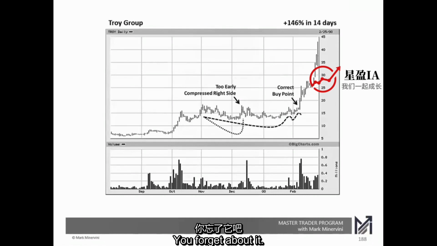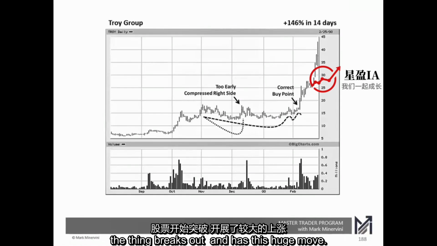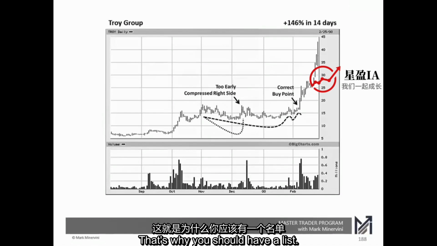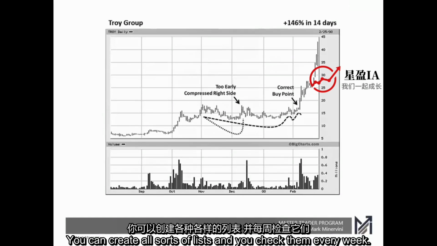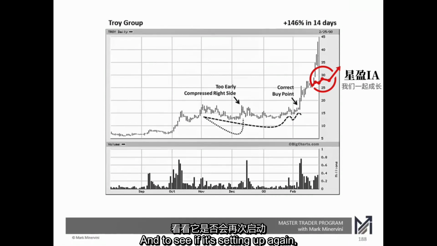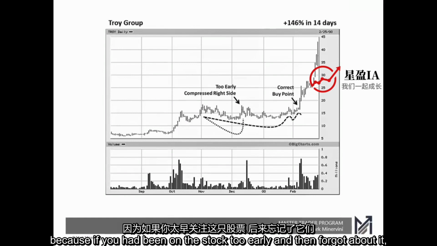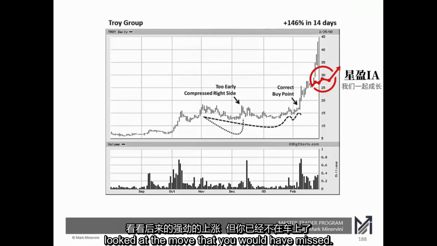Then you forget about it, and two months later the thing breaks out and has this huge move. That's why you should have a list. On MarketSmith you can create all sorts of lists, and you check them every week to see if they're setting up again. Because if you had been on the stock too early and then forgot about it, look at the move you would have missed.